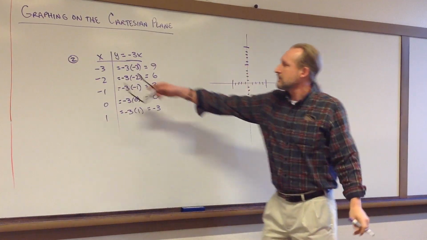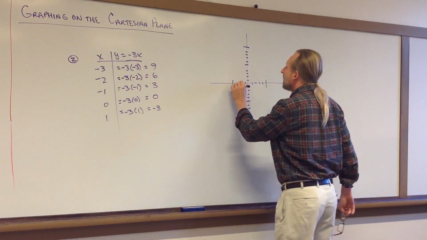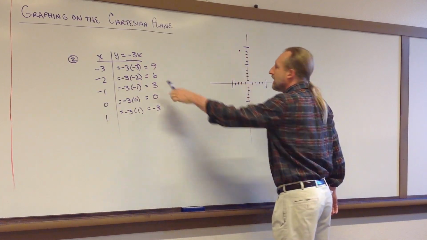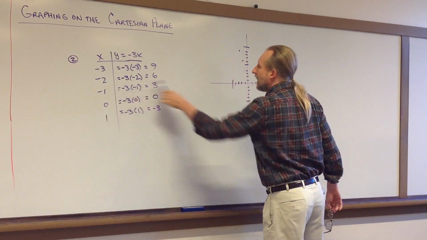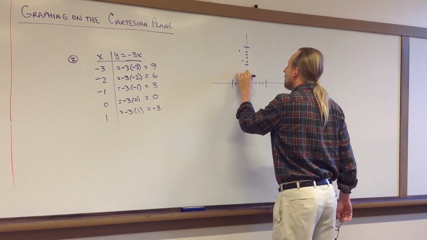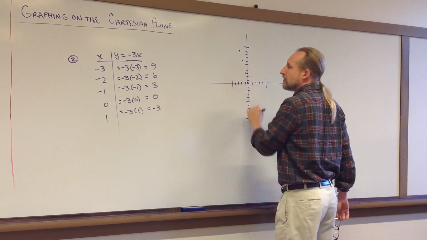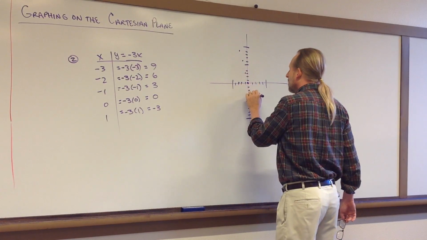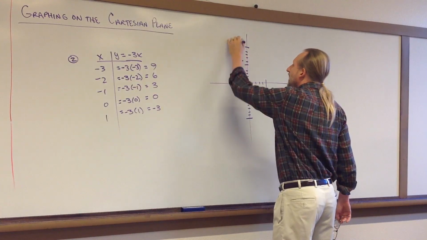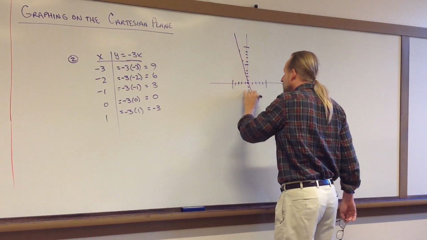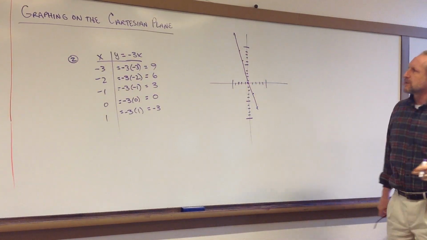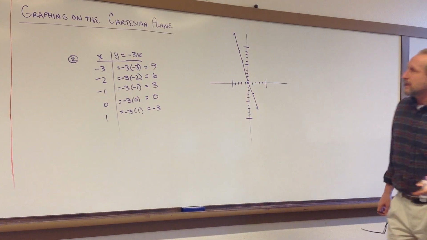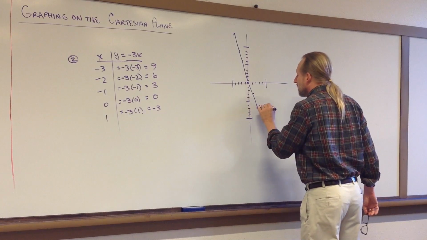So, when x is negative 3, y is positive 9. When x is negative 2, y is positive 6. And then negative 1, positive 3, 0, 0, and 1, negative 3. And if you connect these and do it correctly, and mine's a little bit off because I was estimating, if you connect these, it makes a straight line.